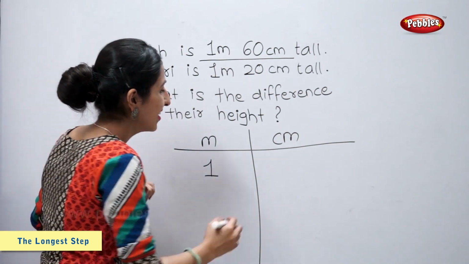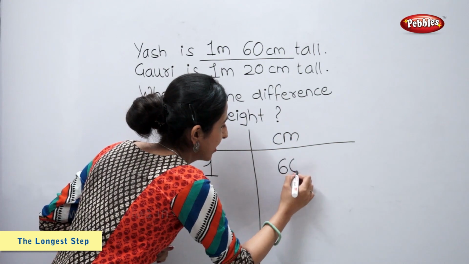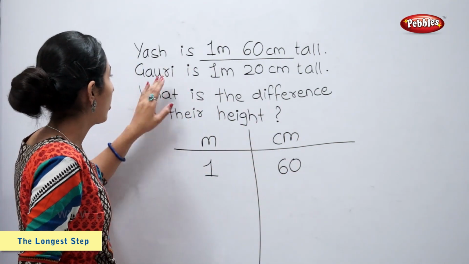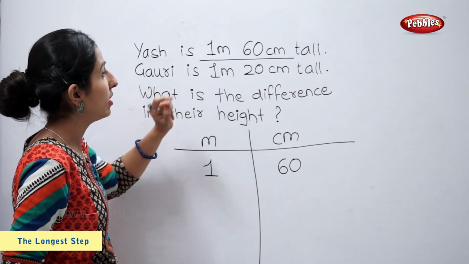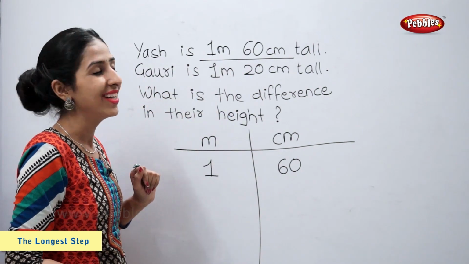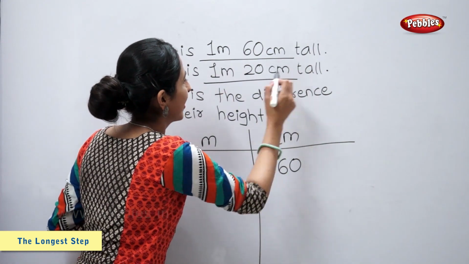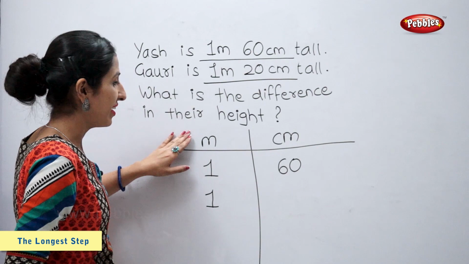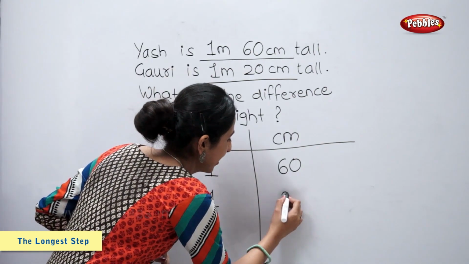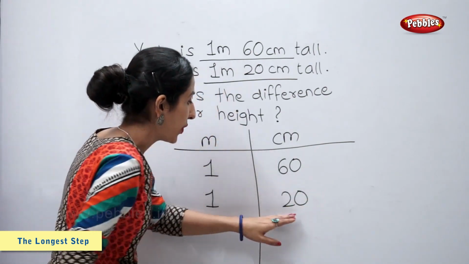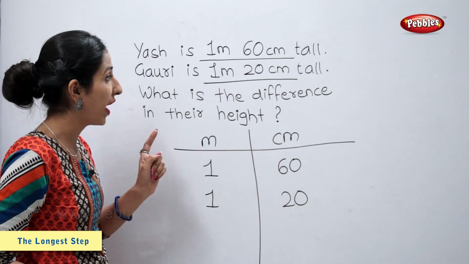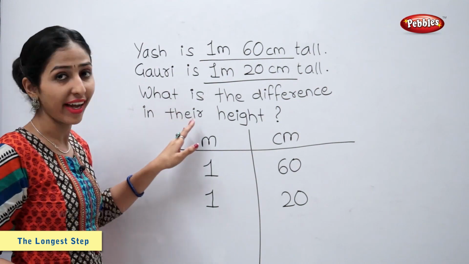Gauri is 1 meter 20 centimeters tall. Now we have to find the difference in their height.